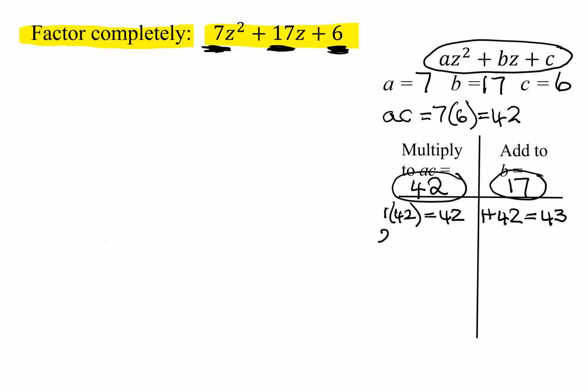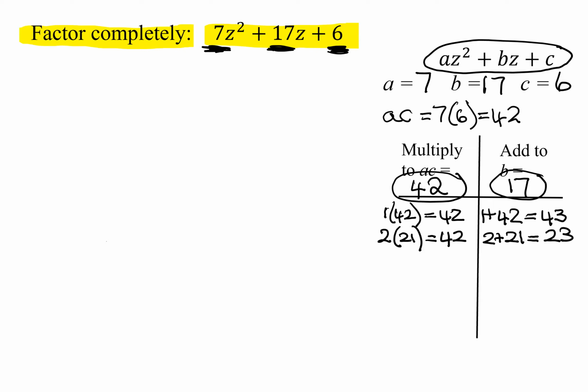Does 2 go into 42? Yes, 21 times. So 2 times 21 is 42. 2 plus 21 is 23. Getting closer. Does 3 go into 42?